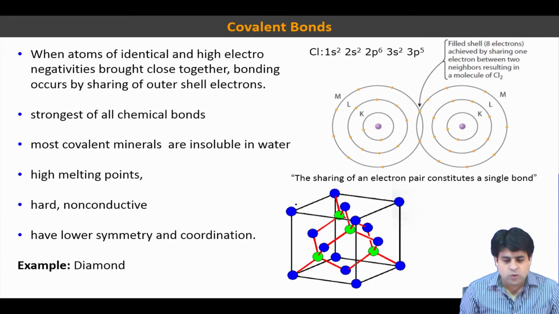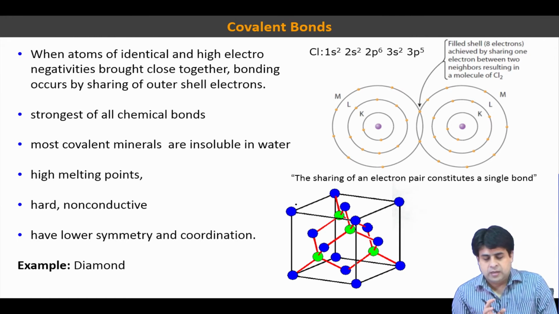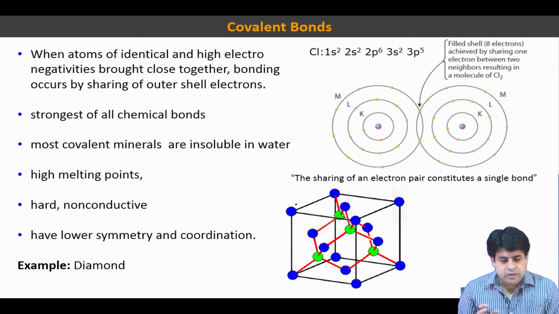Now the covalent bond: covalent bonds are in minerals where the two atoms have very high electronegativity, but their electronegativity is very close, identical for example in diamond. In this kind of bonding, they share electrons in the outer shell.